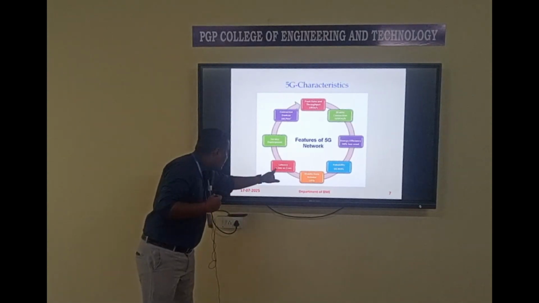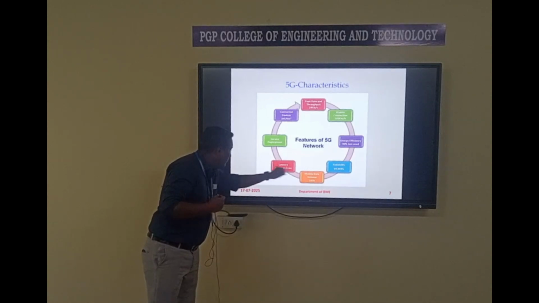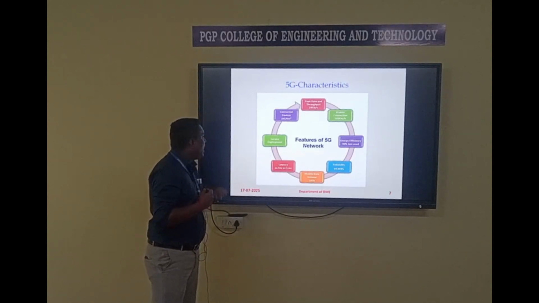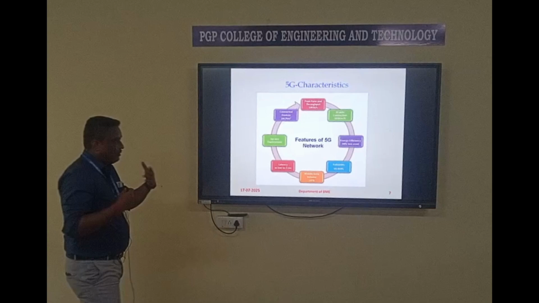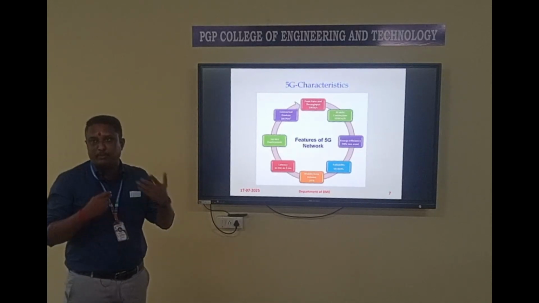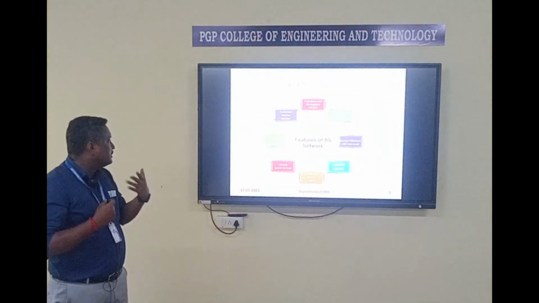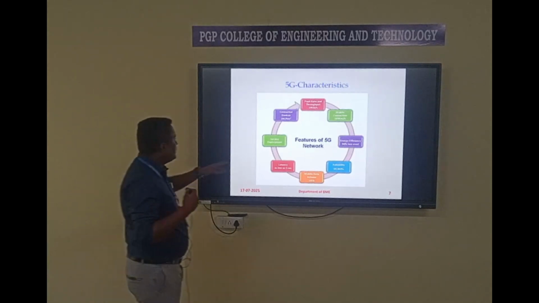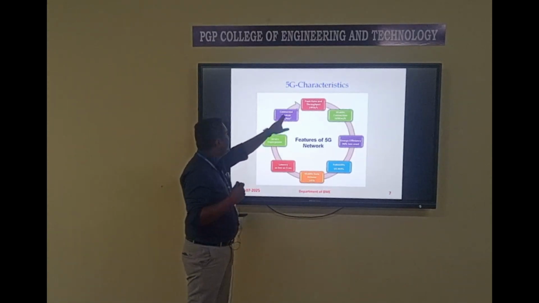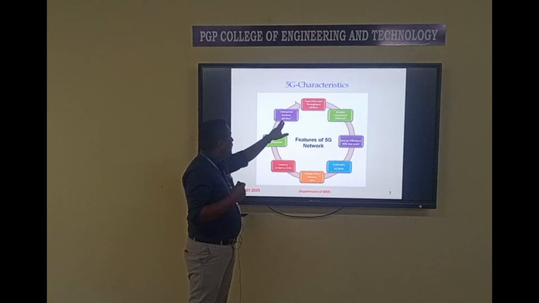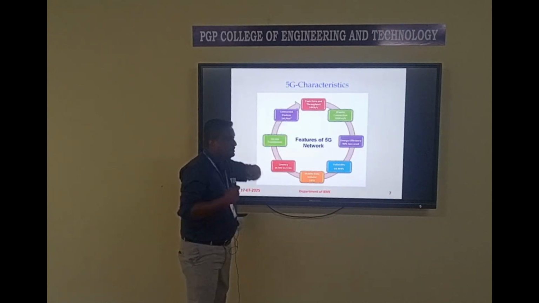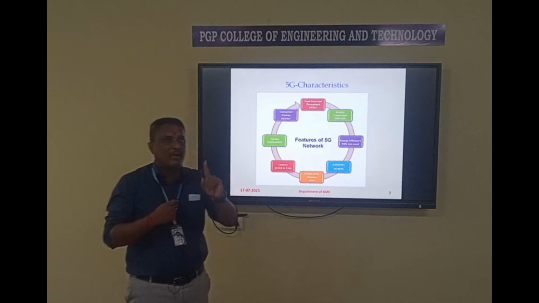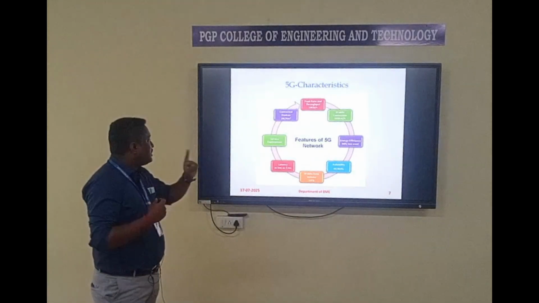And the latency is also very low, we are expecting 5 milliseconds. Service deployment is useful for future applications, so we are making future applications adapt to 5G technology. For connected devices, it is 1 million per square kilometer.